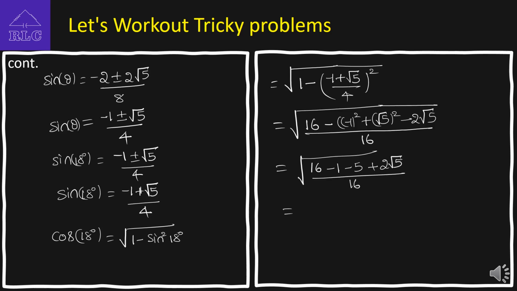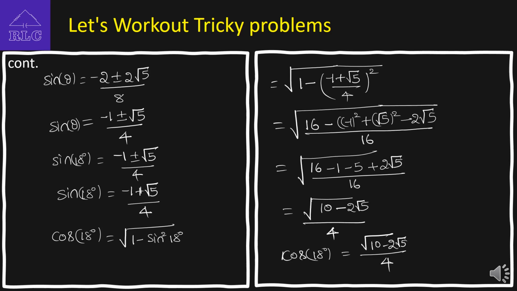So which is nothing but 16 minus 6, it is 10. So root of 10 minus 2 root 5 divided by root 16, which is 4. So therefore cos 18 degrees can be expressed as root 10 minus 2 root 5 divided by 4.